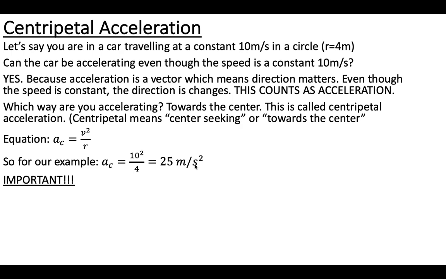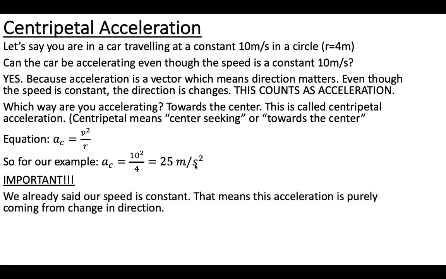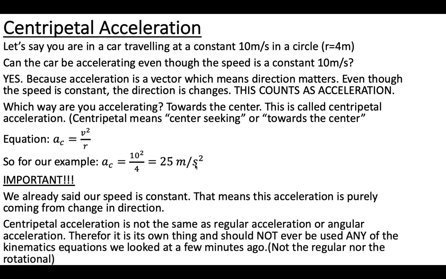Okay, so I really want to emphasize something here, that we already said our speed is constant, right? So that means our acceleration is 100% purely just because we are changing direction. So what does that mean? That means centripetal acceleration is not the same as regular acceleration or angular acceleration. It is its own thing.